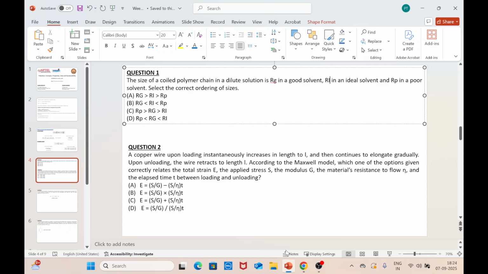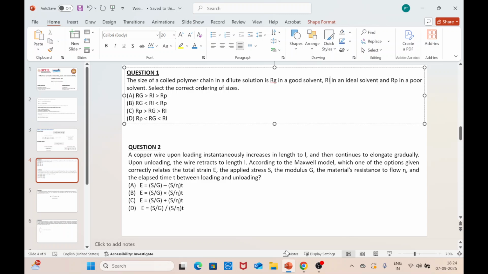However, in case of a good solvent, the polymers tend to expand themselves. Depending upon the quality of the solvent, in some cases they even try to expand out as straight chains. So in case of the good solvent, since they go into an expanded coil state, the size of the coiled polymer chain is going to increase.